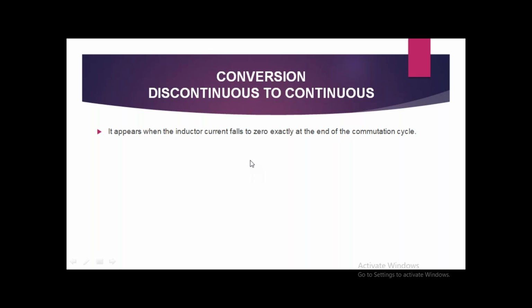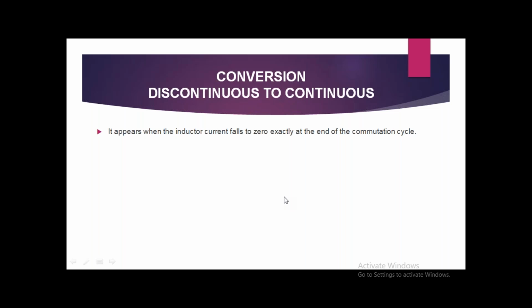The only difference in the principle we have discussed is that the inductor is completely discharged at the end of the commutation cycle. Now, if we talk about conversion, the converter operates in discontinuous mode when low current is drawn by the load, and in continuous mode when higher load current is absorbed. The limit between continuous and discontinuous mode is reached when the inductor current falls to 0 exactly at the end of the commutation cycle.